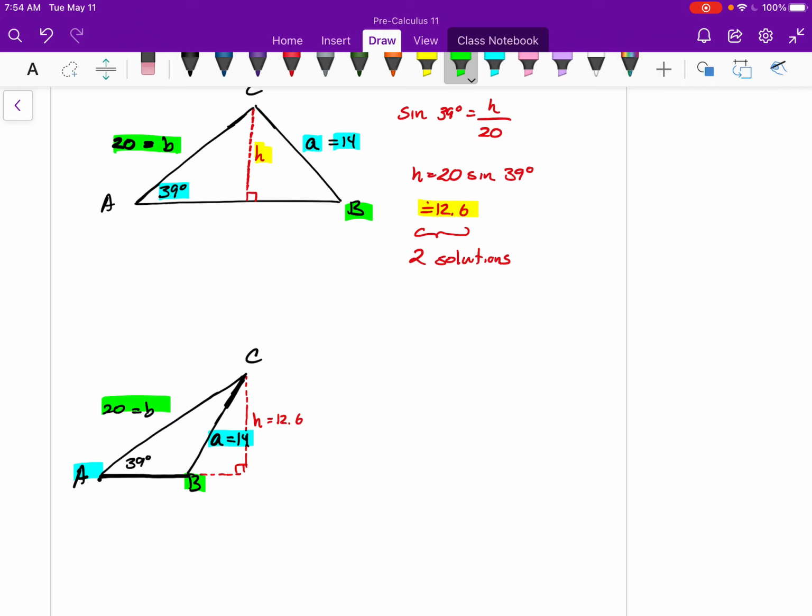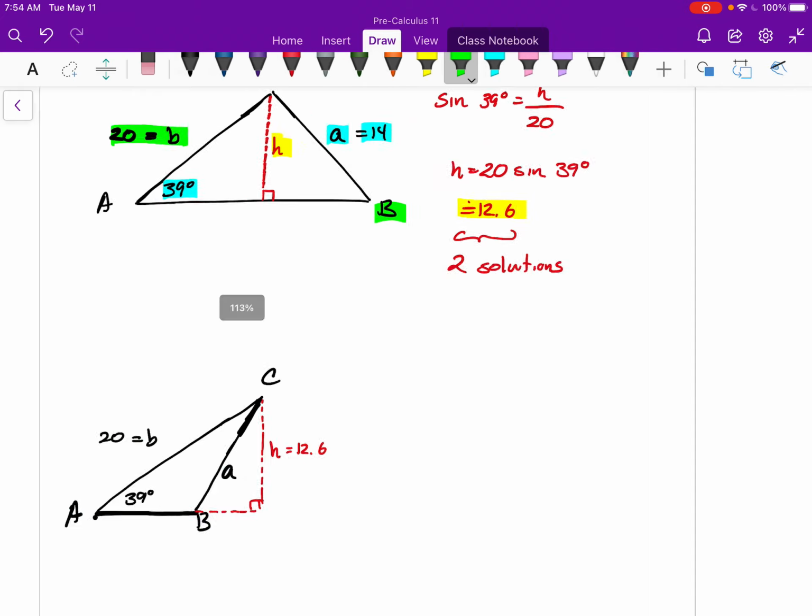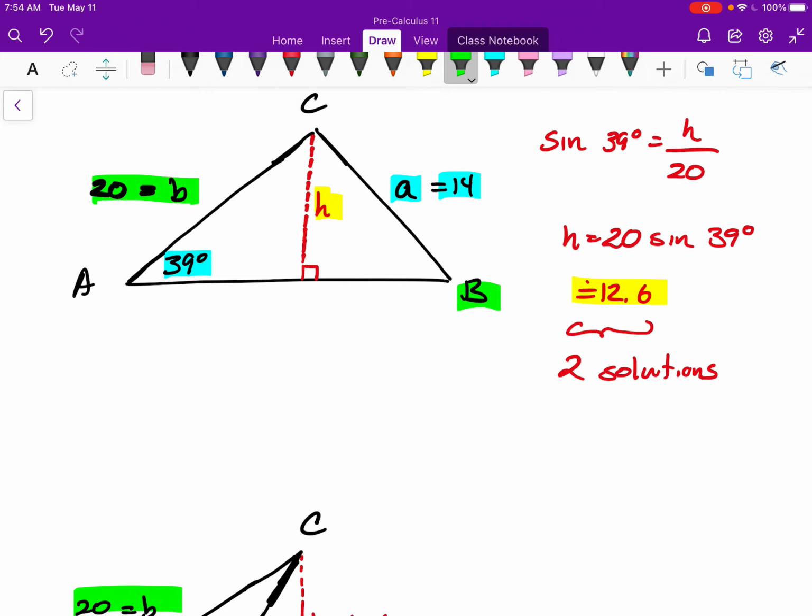OK, so what really matters is noticing the difference with angle B. I want to find angle B. So let's look at this triangle up here. If I want to find angle B, I can use the sine law. I can say sine of 39 degrees over 14 equals the sine of B over 20. If I solve for B, I can use cross multiplying, and we talked about this last lesson, so I'll do this pretty fast.